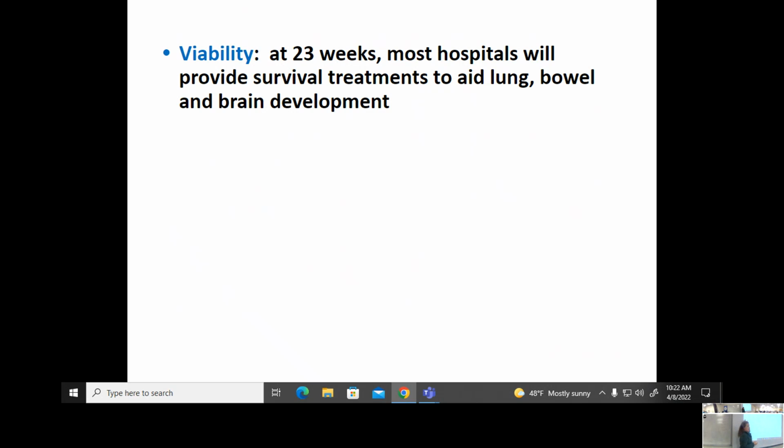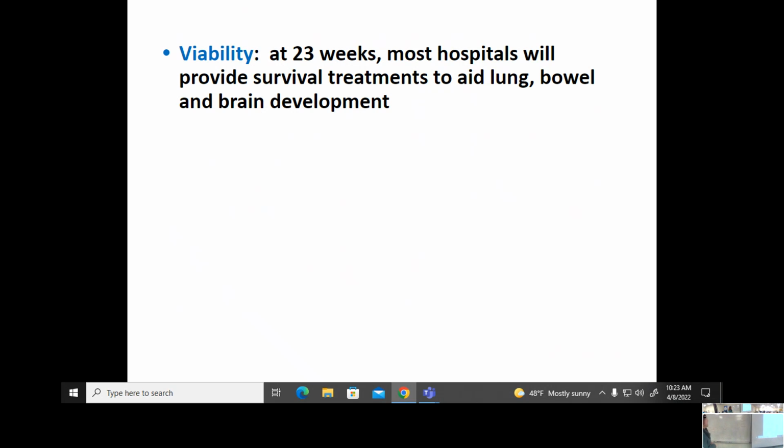If you're before 23 weeks, say if you're 22 weeks and you are in New York Metro, they might try. Or if you're in Houston Metro or you're in San Francisco or LA, 22 weeks, they might try. But if you're in Southwest Virginia and you're 22 weeks, they may not be able to save the newborn at that point. So that's the critical stage, viability.